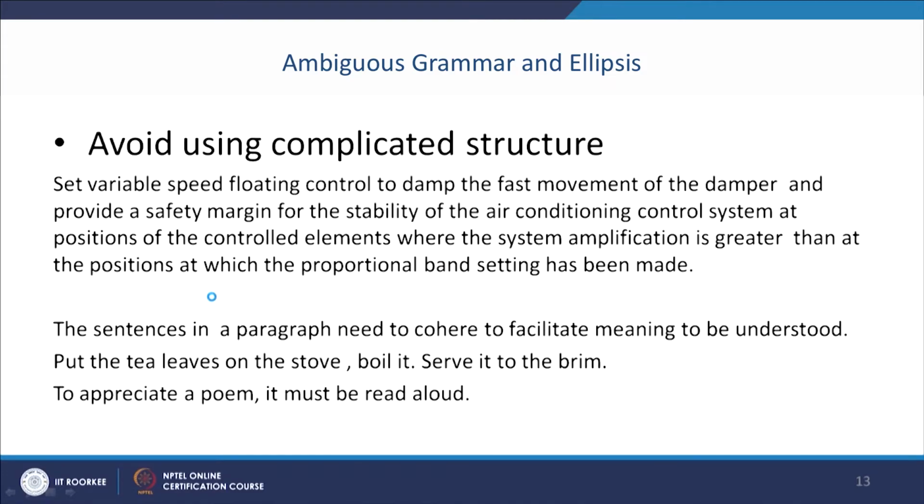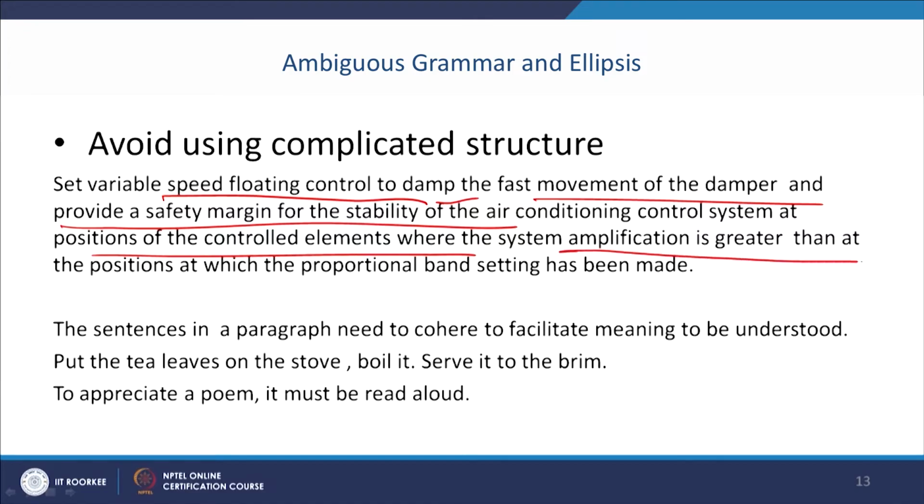Also, as we discussed earlier, a structure can lead to a sort of confusion. Now, let us have a look at this technical language and how the structure is complicated, and by reading it you will come across such difficulty that you will not be able to understand. Set variable speed floating control to damp the fast movement of the damper and provide a safety margin for the air conditioning control system at the positions of controlled elements where the system amplification is greater.